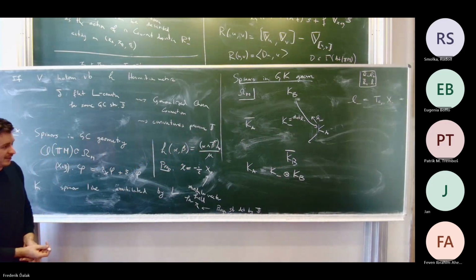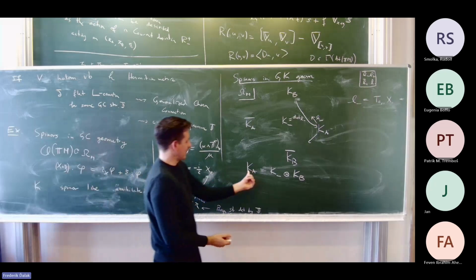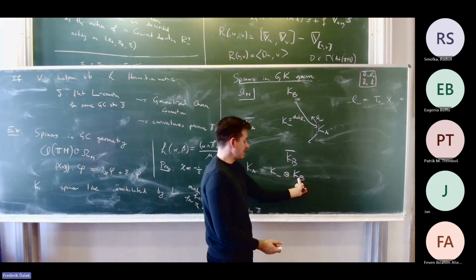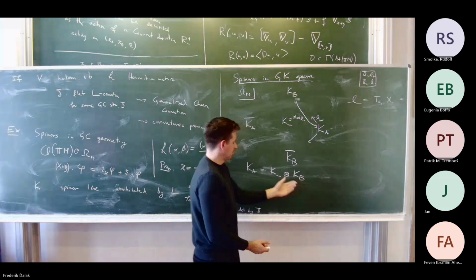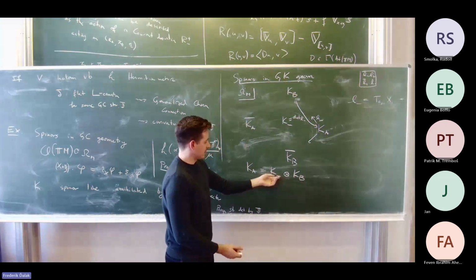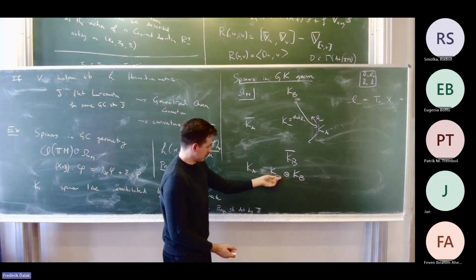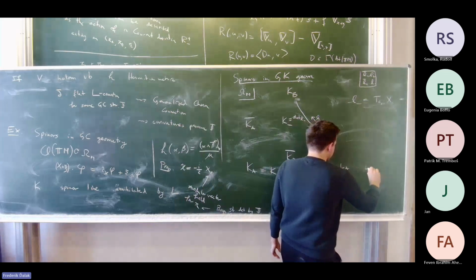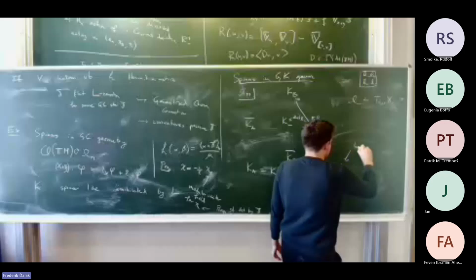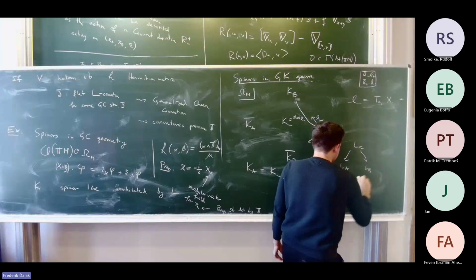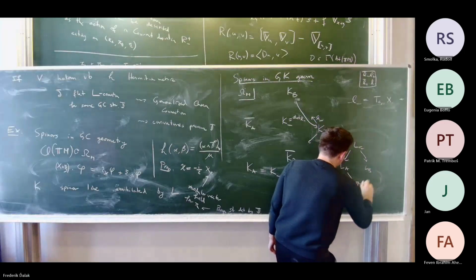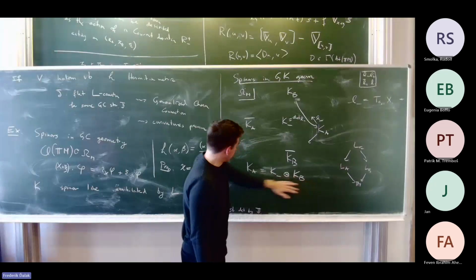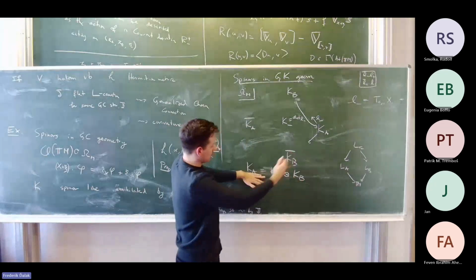Now, here I have an L_A module structure, and here I have an L_B module structure. It seems that there's no way to combine them to get any structure here, except that we have these diagrams relating L_A and L_B module structures to L sigma plus and L sigma minus. Anytime I have an L_A module, I can produce an L sigma plus module.